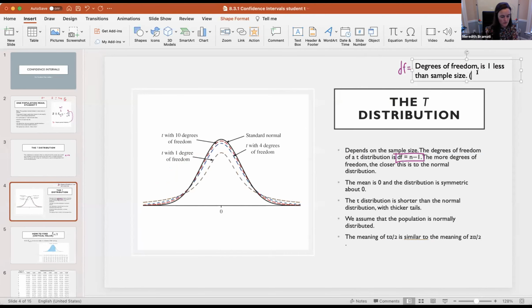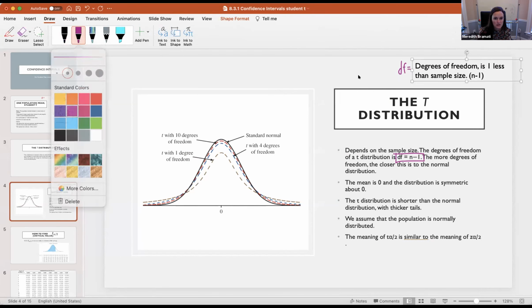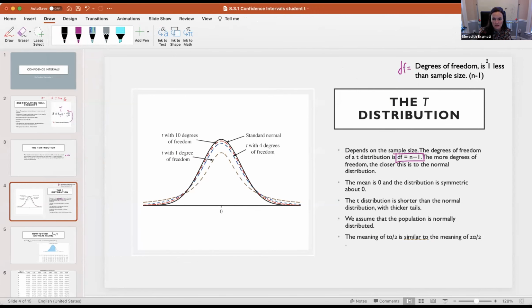And the formula for it is n minus 1. I don't like the fact that those ones look like eyes, so I'm going to doctor them a little bit. Make that look like the number 1. Okay, so if you're looking back at this, it'll be clear.